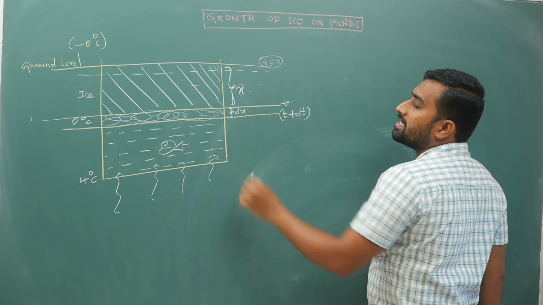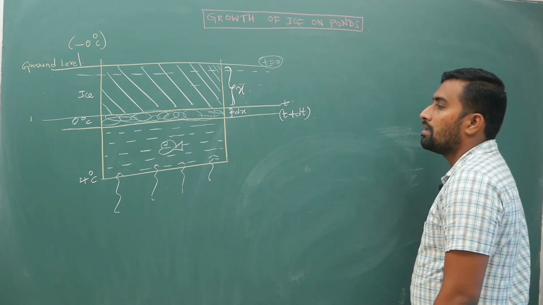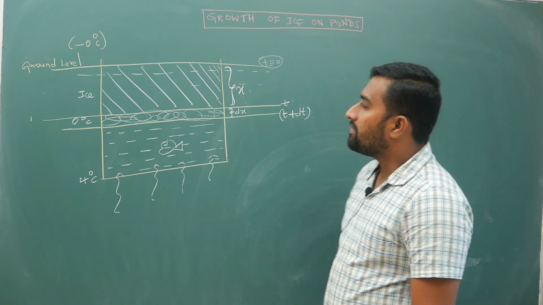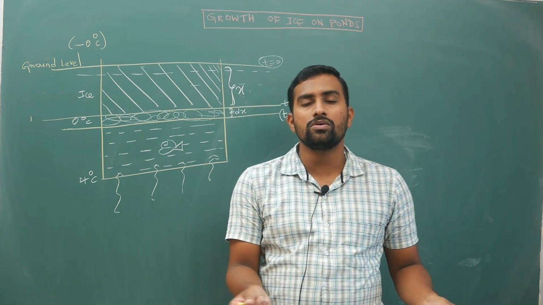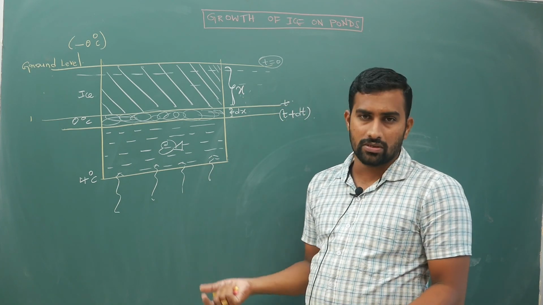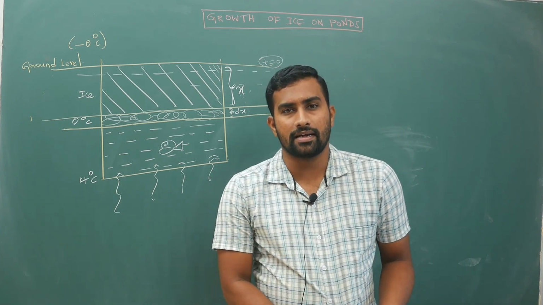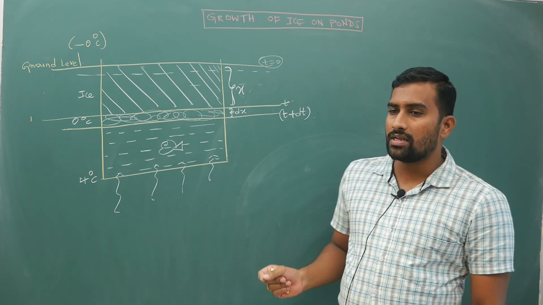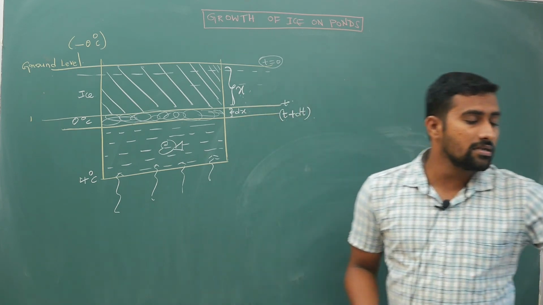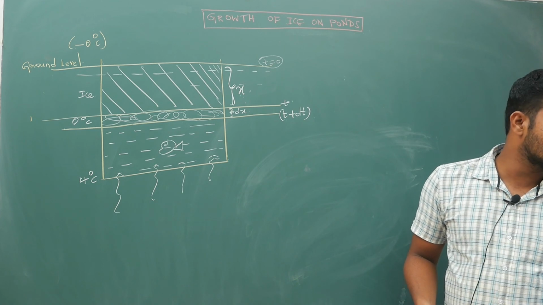After time t plus dt, dx thickness has formed. Now we are supposed to calculate the thickness of ice with respect to time, which is my ultimate target. That is what I am trying to calculate here. Now if you observe this example carefully, in this situation your heat energy will actually get transferred.